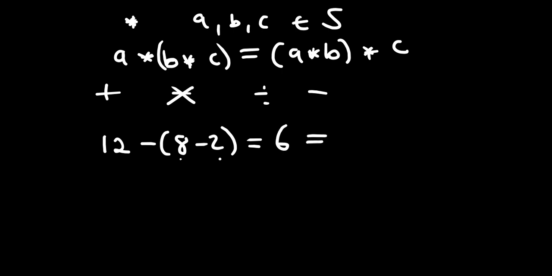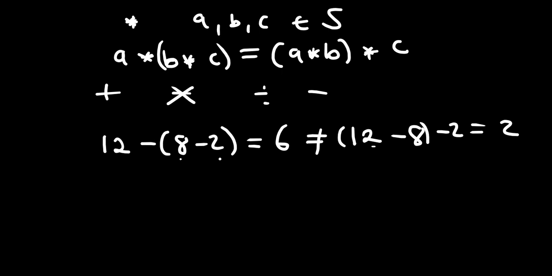This is not going to be equal to, if I do the first two, 12 minus 8 like this, which gives me 4, then minus 2 just gives me 2. So this is not the same. I don't get the same thing. So subtraction here is not going to be associative.